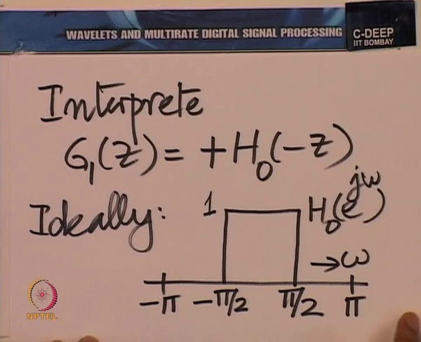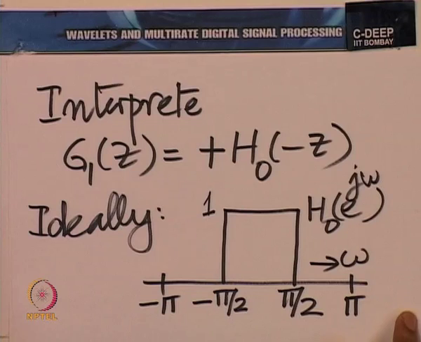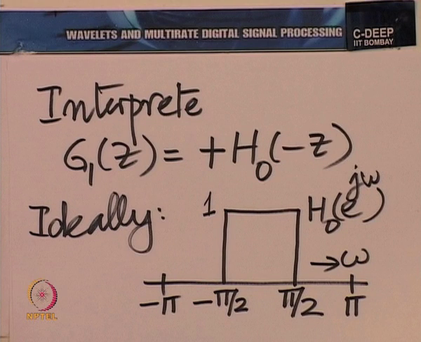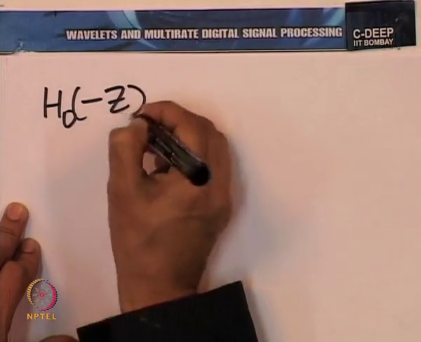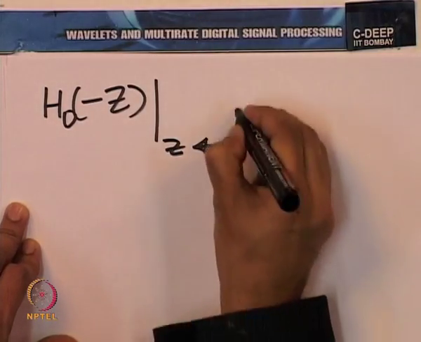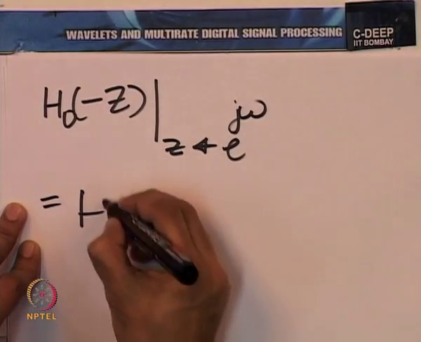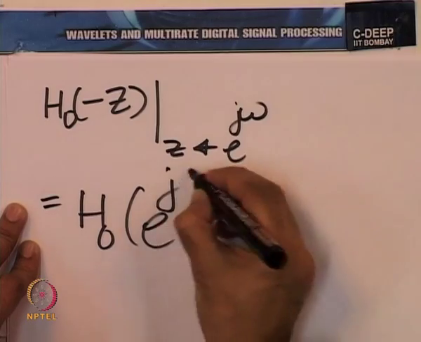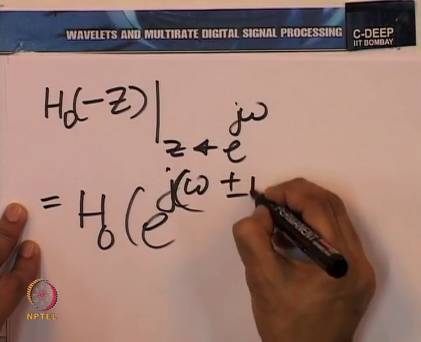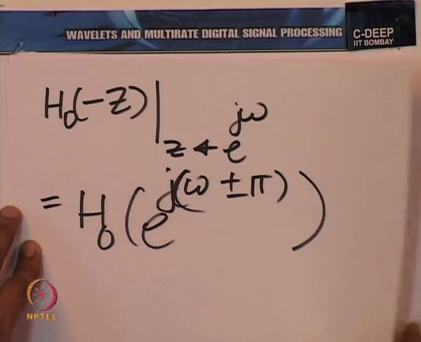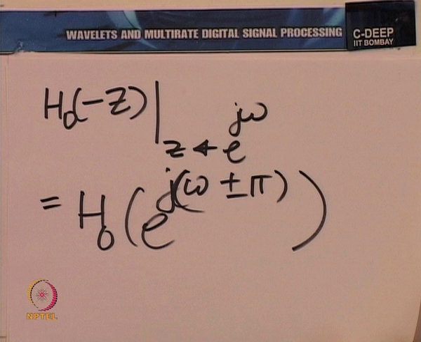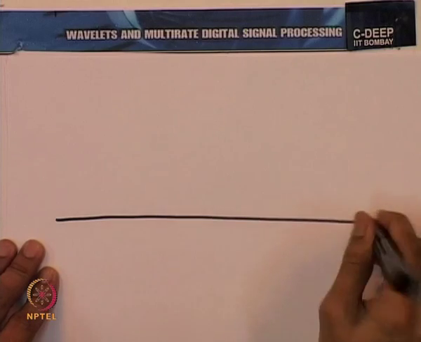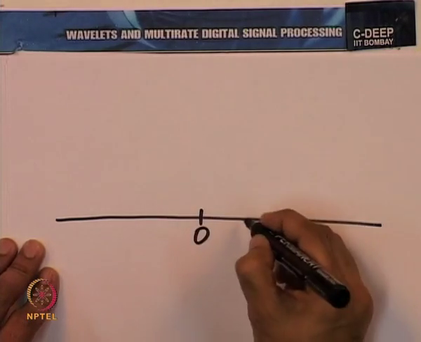So, what would H 0 e raised to the power j omega plus minus pi look like? Or in other words, what is H 0 of minus z then? H 0 minus z with z replaced by e raised to the power j omega is essentially, of course, as you know, H 0 e raised to the power j omega plus minus pi. And that, as you can very easily infer, looks like this. Again, let us use the strategy of zooming and then contracting back again.